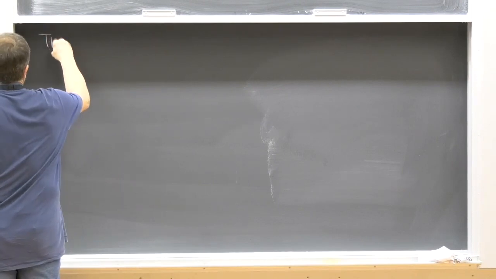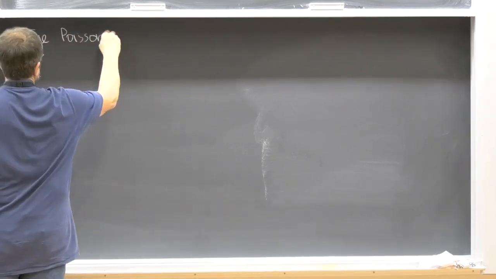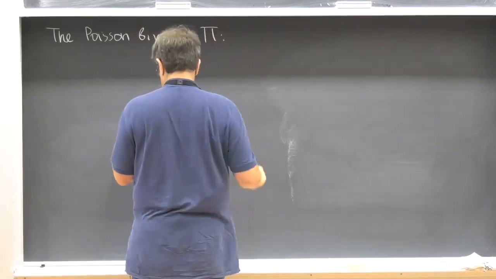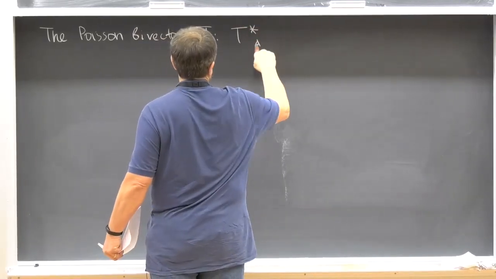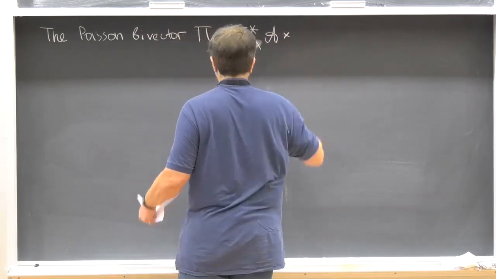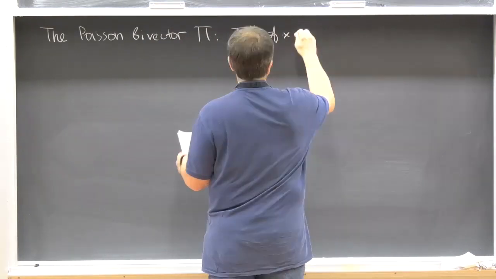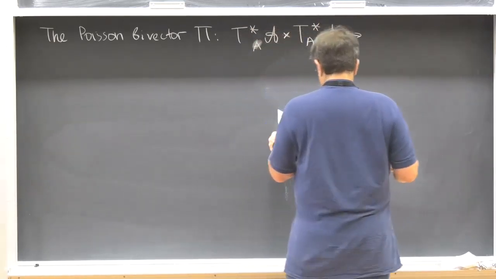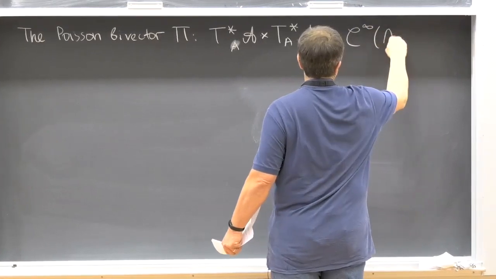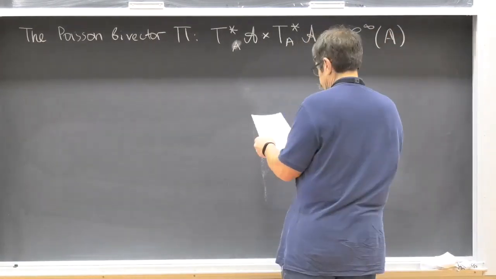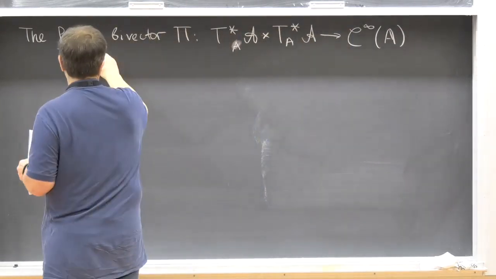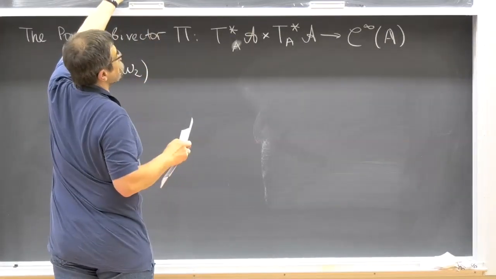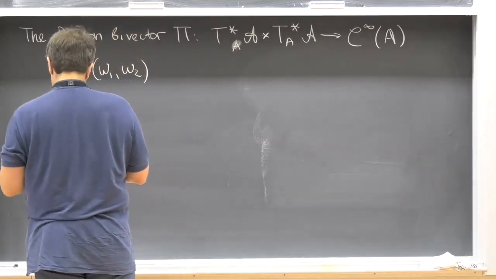So we can introduce the Poisson bivector P, which, as usual, maps from the direct product of cotangent bundles into C infinity of A, such that if I have a pair of these omegas that we have here, I will leave this formula because I will need them during all this talk.